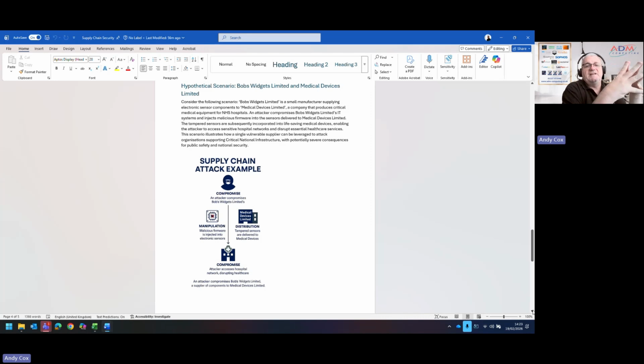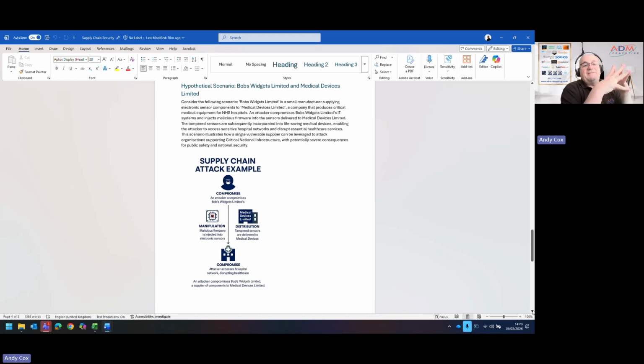Are they going to try and attack the NHS directly from outside? No, they're going to look for weak spots. So, whether through social engineering, malware, phishing attacks, or any mechanism available to these people, they attack Bob's Widgets. And they manage to get into Bob's Widgets' network.